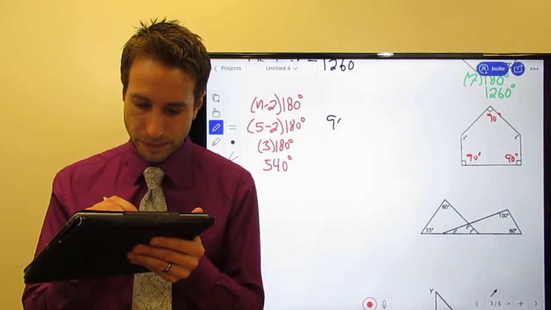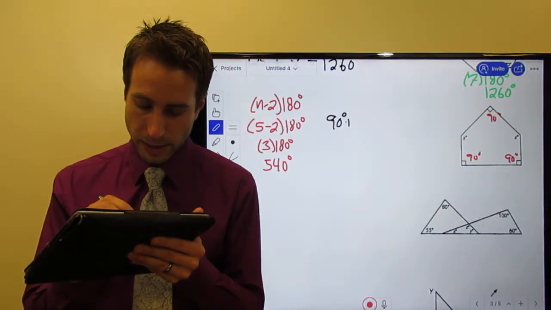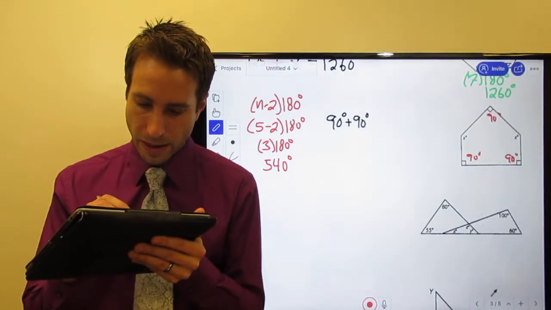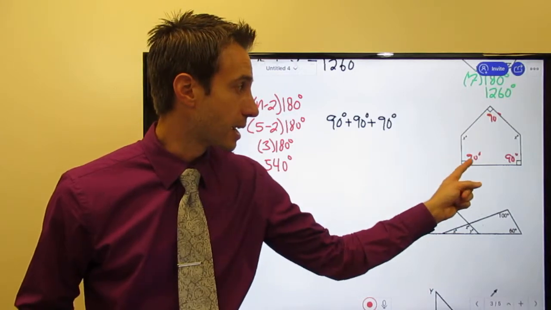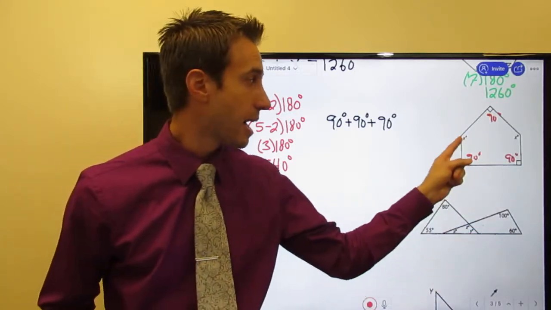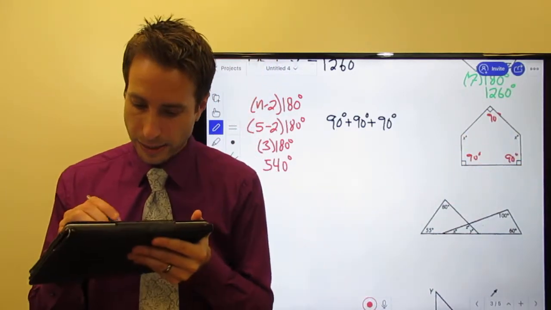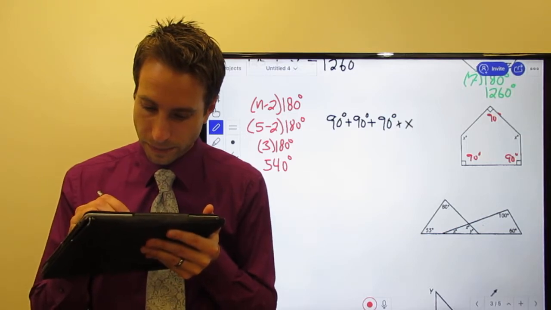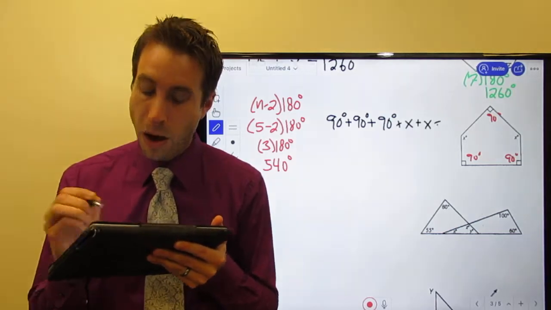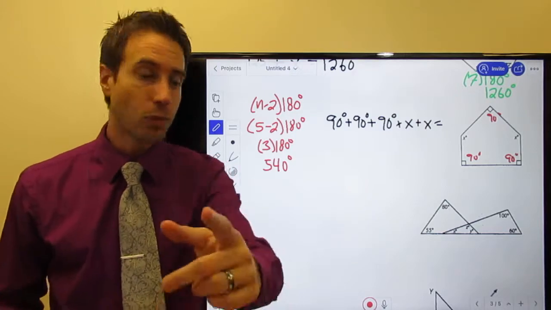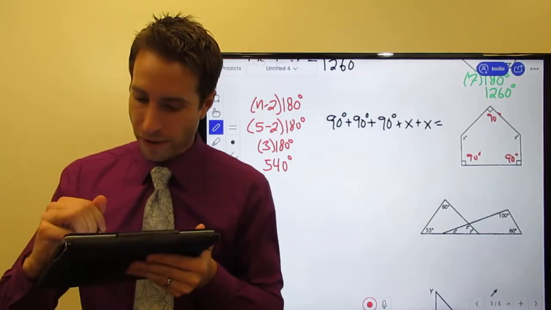90 plus 90 plus 90, 90 plus 90 plus 90 plus x plus x has to be equal to what? Well, it has to be equal to 540.